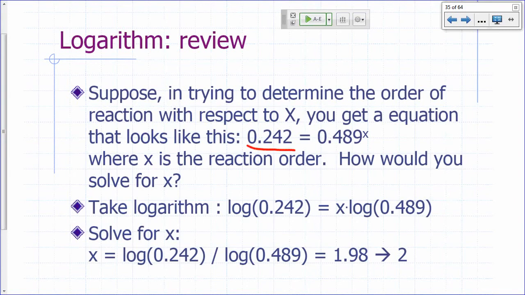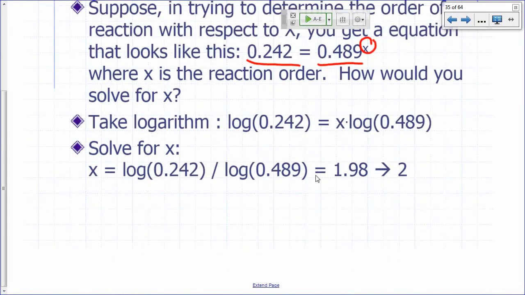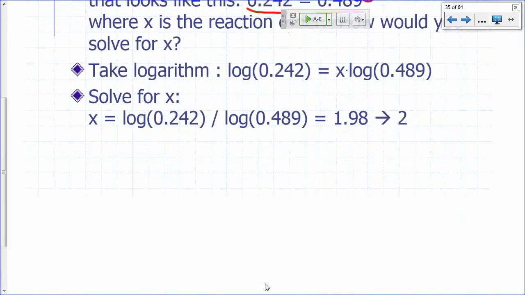Okay, so you might say 0.242 is equal to 0.489 raised to the x. So you're not going to get nice round numbers in a typical situation. Okay, how would I solve for x here? If you have an unknown in the exponent, how would you solve for that unknown? You do logarithms, okay?